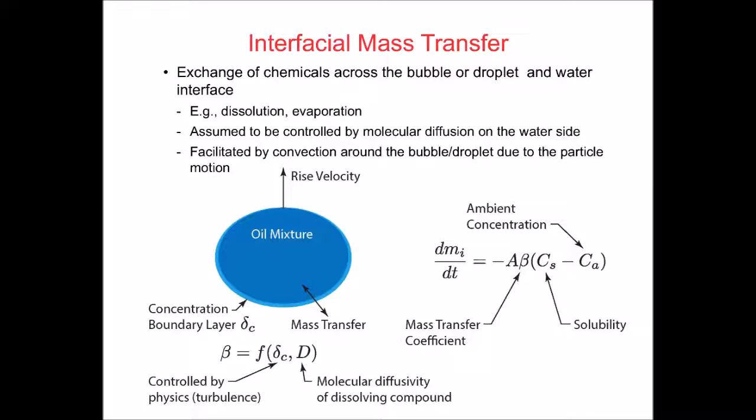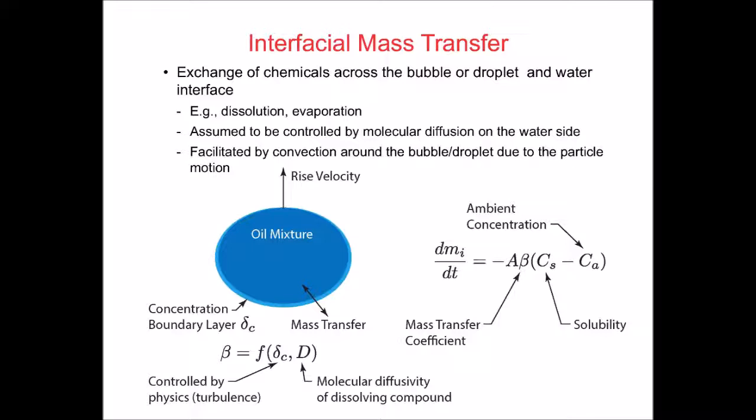So how do I predict how fast things are going to dissolve out or even dissolve in? We use an equation like this that says the change in the mass as a function of time is equal to the surface area over which this mass transfer is happening, a rate constant of how fast it can dissolve out, and then the chemical potential that tells you what the solubility is and what the ambient concentration is.